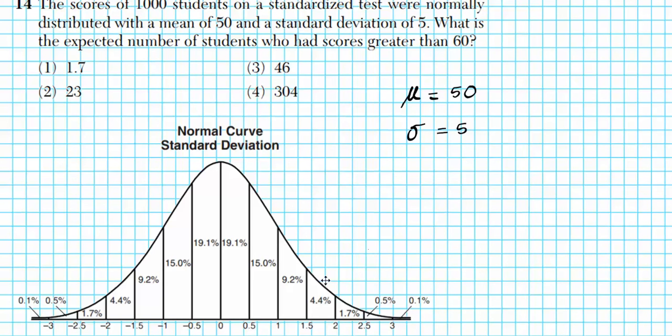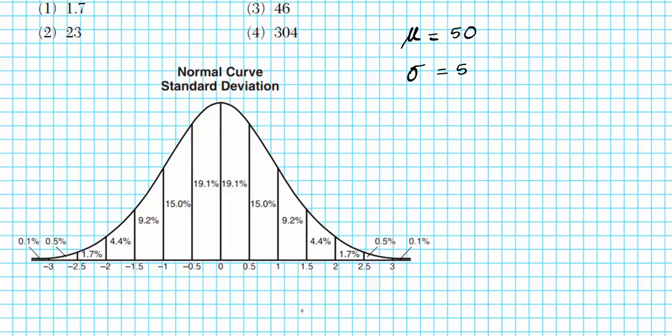Starting from the mean of 50, this is where it's positioned. The question is how many standard deviations from the mean of 50 will give us 60? Think of it as though your mean is right in the center. Mu is 50.